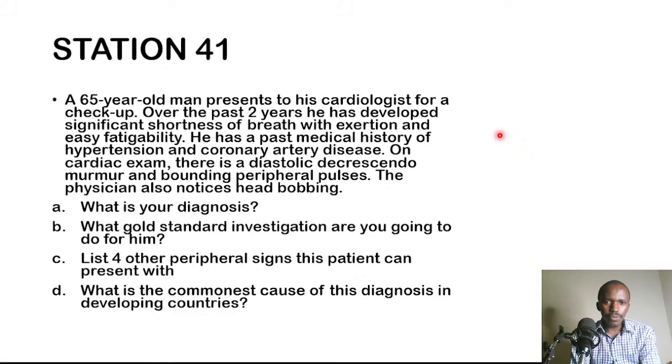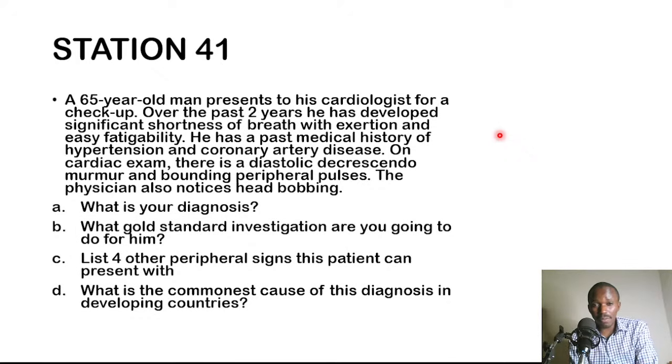Here, first of all, let's look at what this person has. They have a diastolic murmur. Remember, whenever you're thinking of a diastolic murmur, you're thinking of a problem affecting either the closure of the aortic or pulmonary valves, or the opening of the mitral or tricuspid valves, not closure, opening.